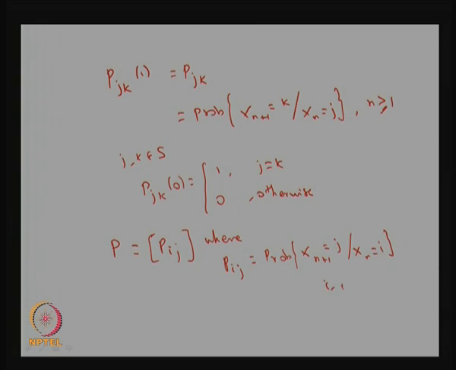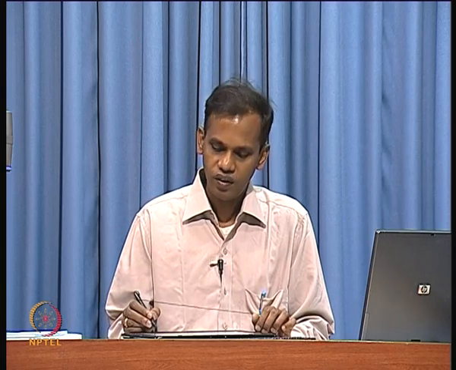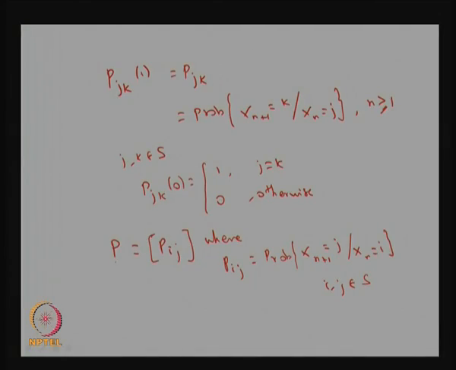Here i comma j belong to the state space S. You should remember that the state space S consists of finitely many elements or countably infinite number of elements. Accordingly, when S has finitely many elements, the P matrix is going to be a square matrix.